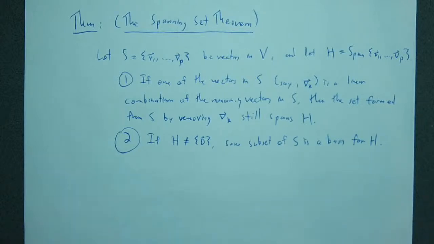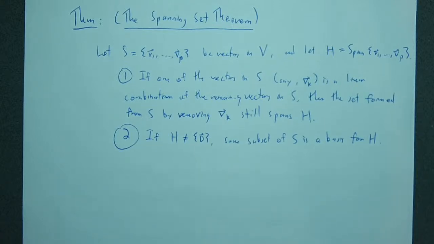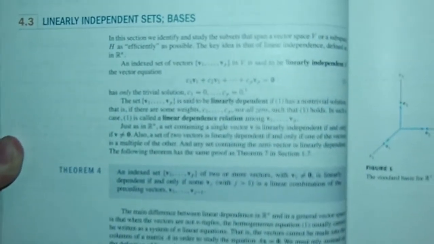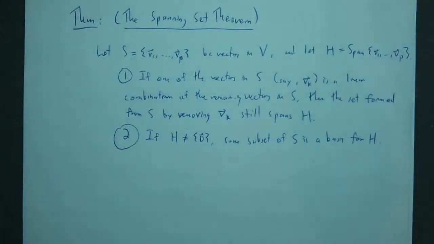If it's not, then by our previous theorem, which I can refer you to, it's theorem 4 in section 4.3, the first boxed theorem, if we have a set of vectors that's linearly dependent, then at least one of those vectors can be written as a linear combination of the others.